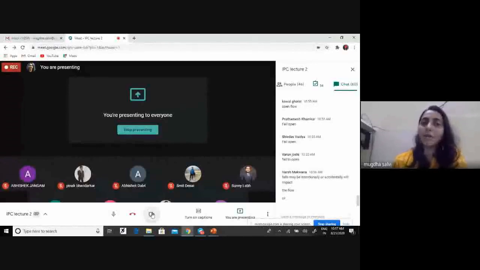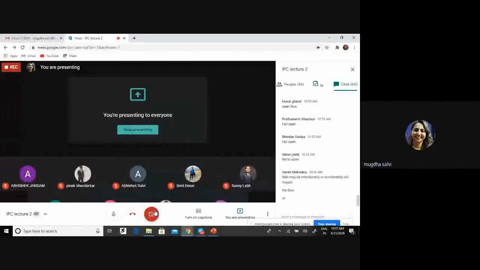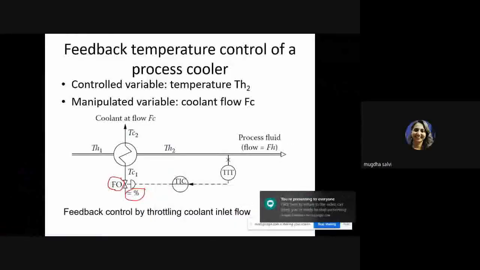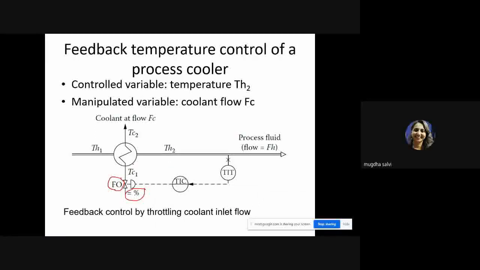Okay, now how is it related to our situation? Let's see how it is useful for our control action, or why it is specifically mentioned here that it should be a fail to open valve. Now in this process, if you observe, what are we doing? We have a process cooler.